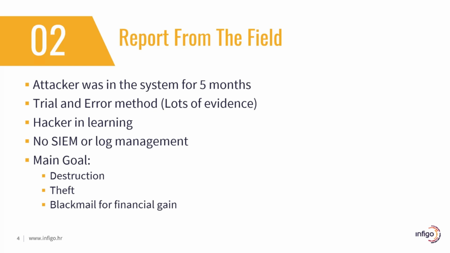He was more using trial and error, where he would download different tools, run different software and see what worked and what didn't. He would have gaps where he would not show up in the environment for 2 or 3 weeks, and then he would come back and try something else. So he left a lot of evidence for the incident response team to follow later.